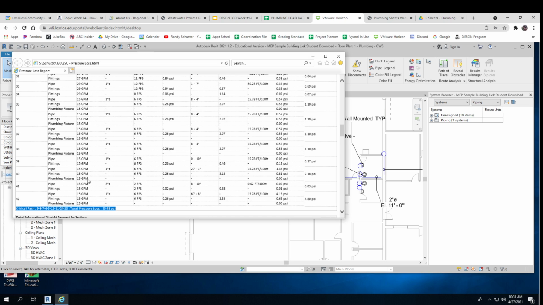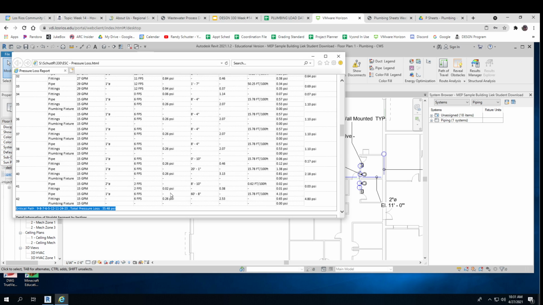Now, some of these numbers might look a little weird, like really 15 gallons a minute? That's because there's a flush valve. Flush valves are so fast and so hard on a system that they totally increase the flow rate far more than you would think.